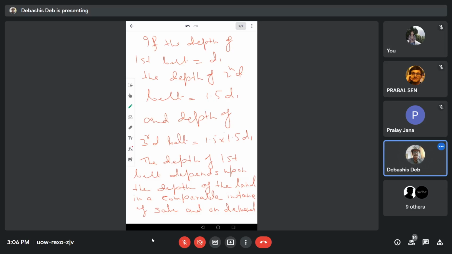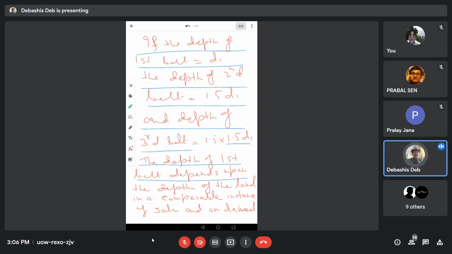Let me repeat. If the depth of the first belt equals D1, then the depth of the second belt is 1.5 D1, and the depth of the third belt is again 1.5 into the depth of the second belt, that is 1.5 into 1.5 D1. Now how am I going to assess the depth of the first belt? The depth of the first belt depends upon the depth of the land in a comparable instance of sale and on demand.